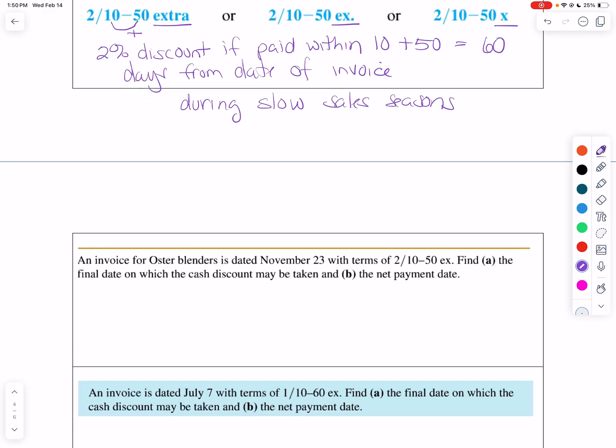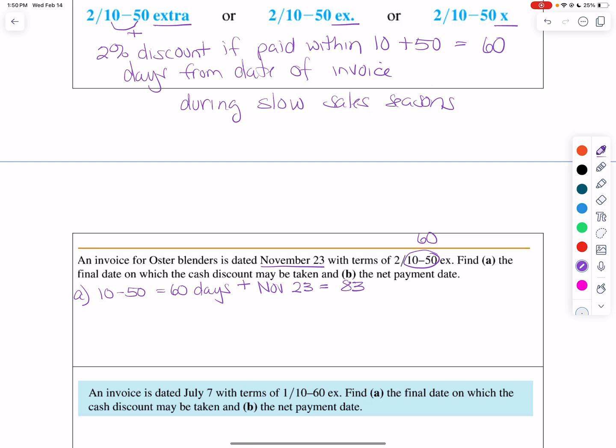So for example, here, we've got Blenders. It was dated November 23rd. That's our start date. And we've got 10 plus 50, or 60 days extra. So I'm going to write here, 10 plus 50 is 60 days plus November 23rd. If I add 60 to 23, I get November 83rd.